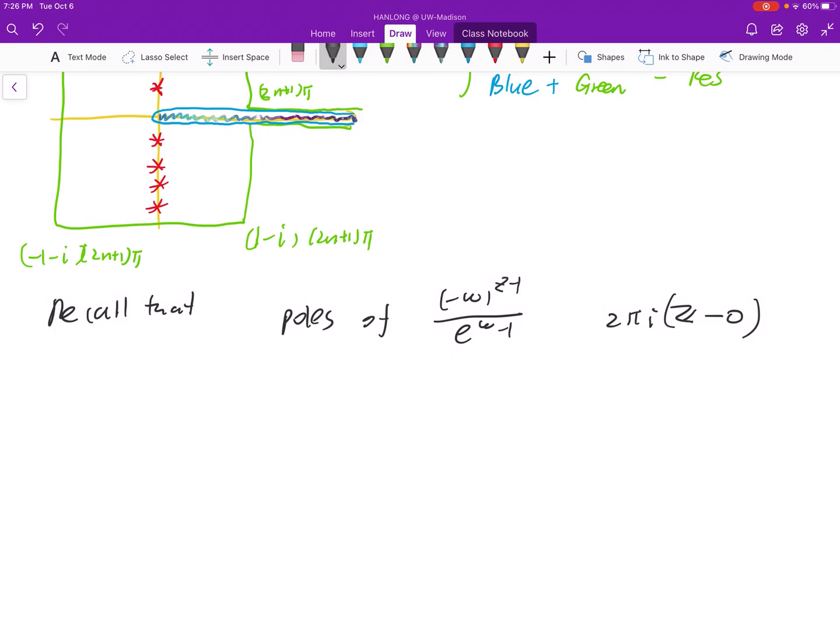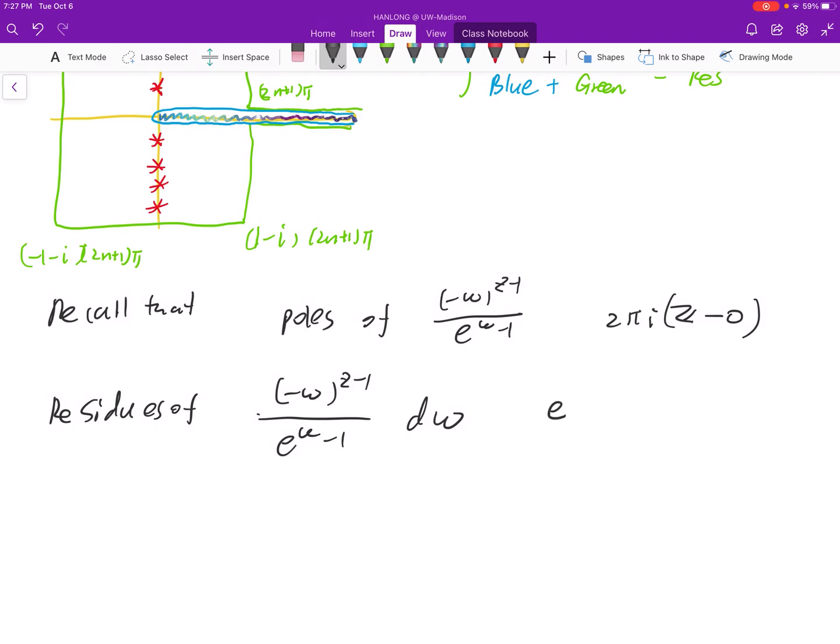Okay, then also we can compute the residues of (−ω)^(z−1)/(e^ω − 1) dω. So if you expand it, what do you have?